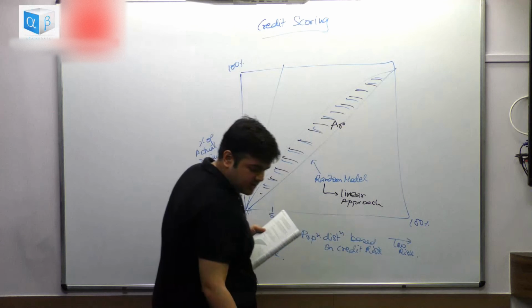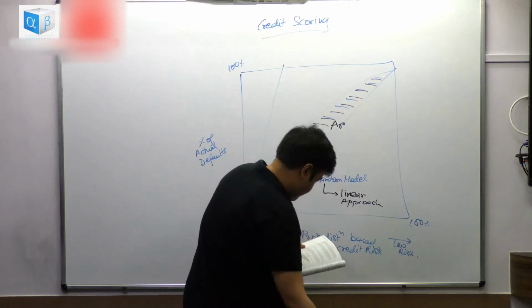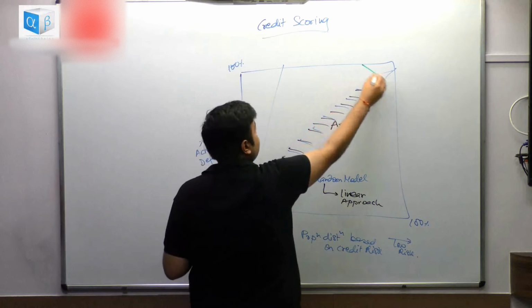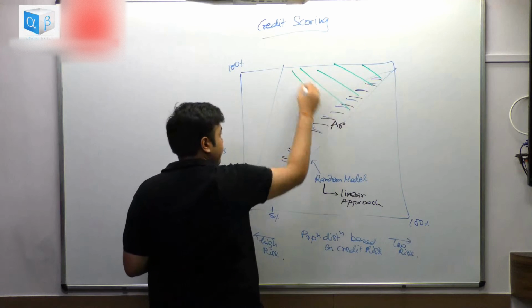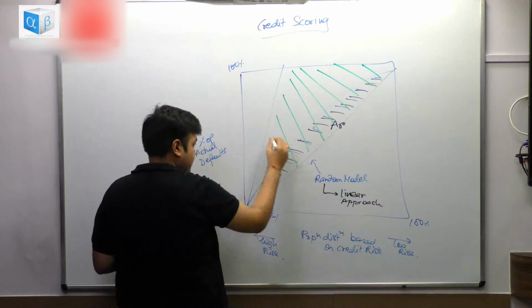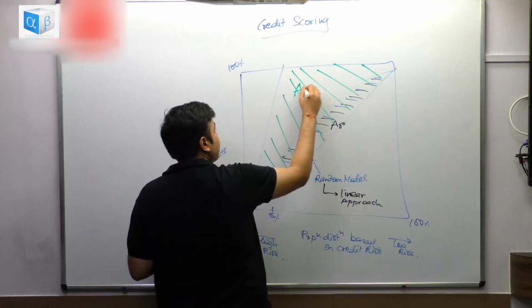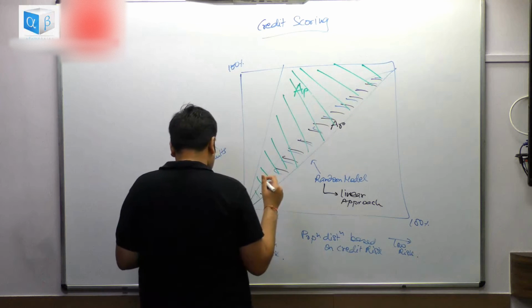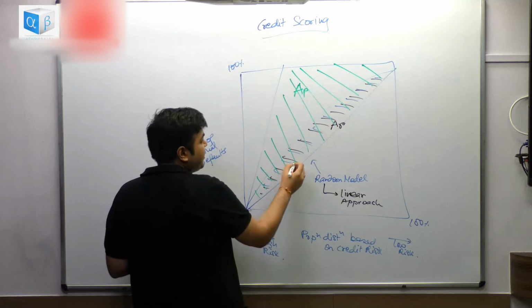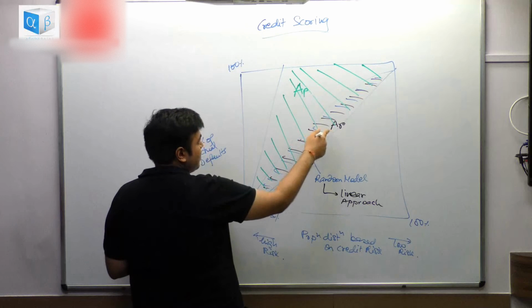This is given, AR is given. That gray shaded area given to you in your textbook is AR.